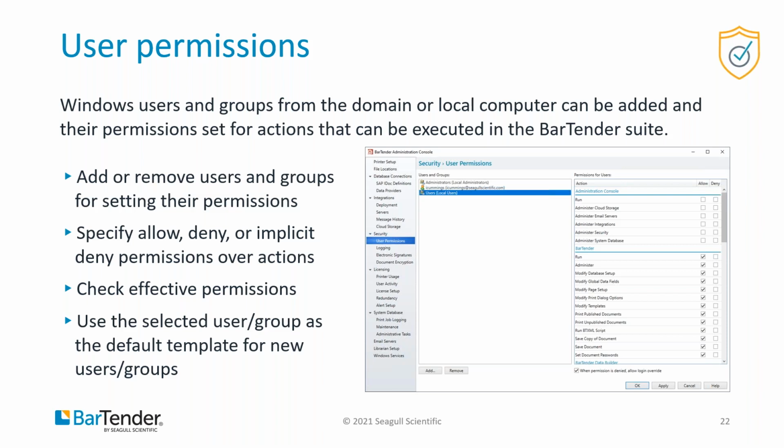You can also specify a particular user or group to be the default template for permissions, so that as you add a new user or group, it will take on that template of allow or deny settings for each of the actions, which is a nice convenience.